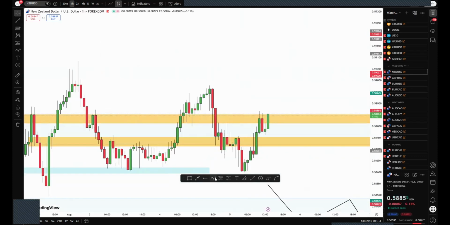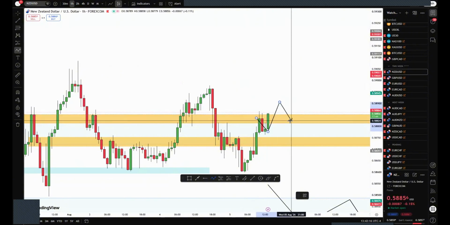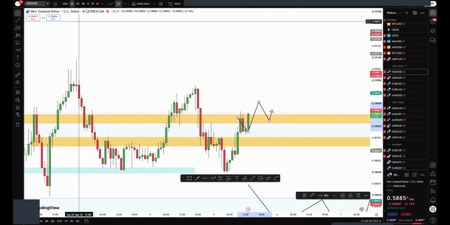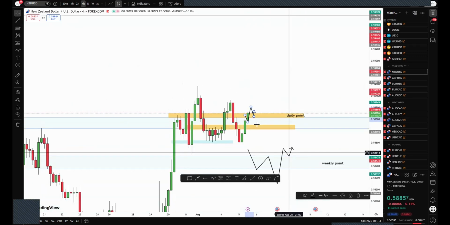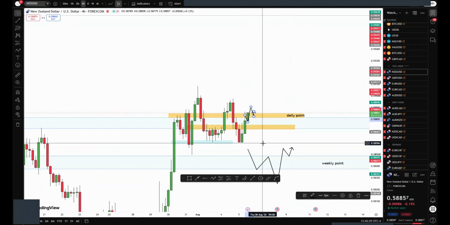If this 1 hour ends up making a higher high today, come tomorrow if we get the retest and that engulfing, why not buy? Because not only are we getting the 1 hour entry, but we're getting the 4 hour outside our level here, you see?